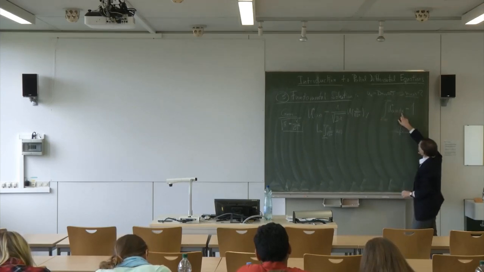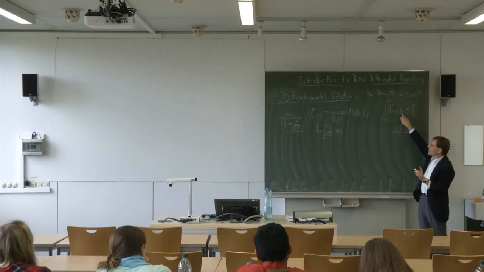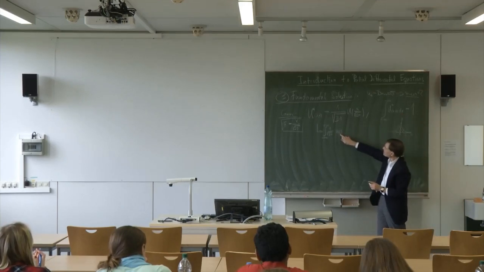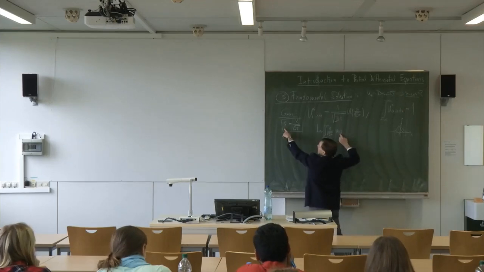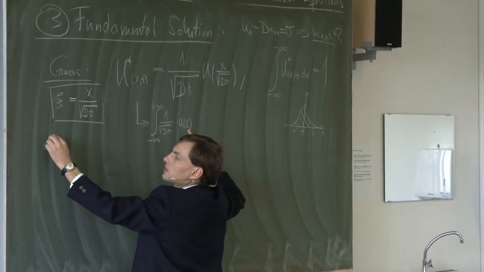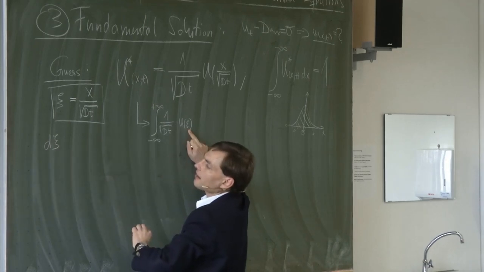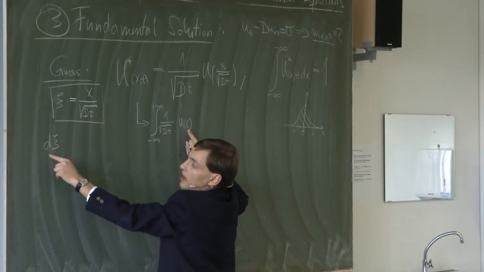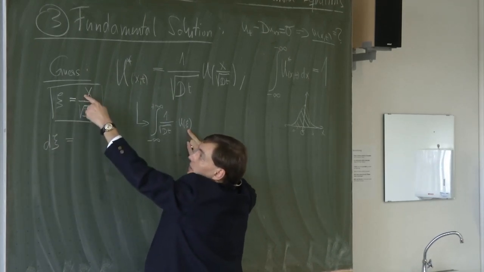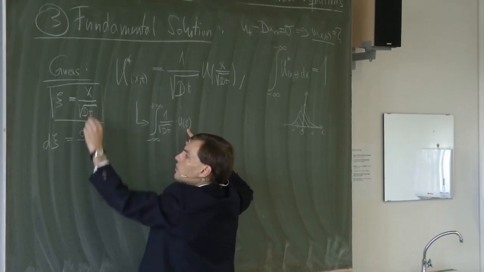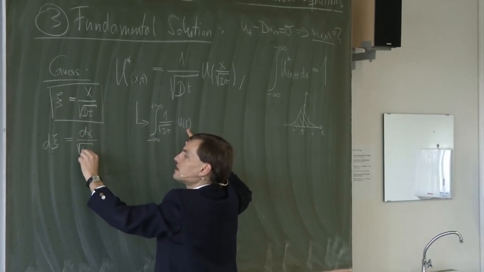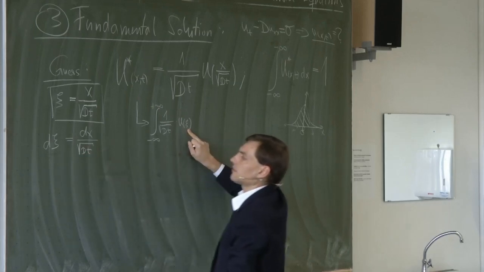But then I have here dx. Well, now my function is not dependent on dx, it's dependent on dxi, so I have also to transform this. So what is the derivative if I calculate the derivative with respect to xi? Well, this is 1, we have dxi. And the derivative with respect to x is 1, then we have dx over what is here, square root dt.